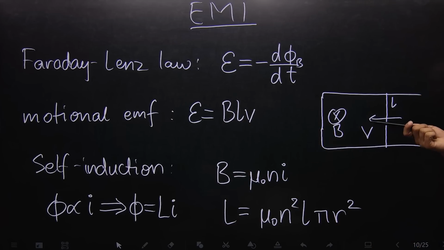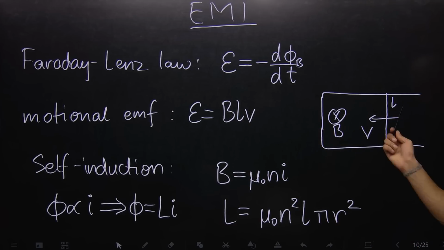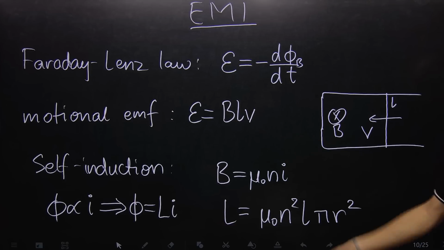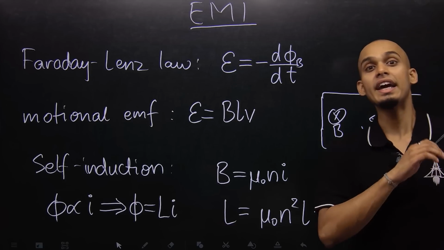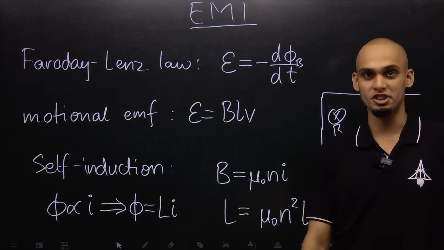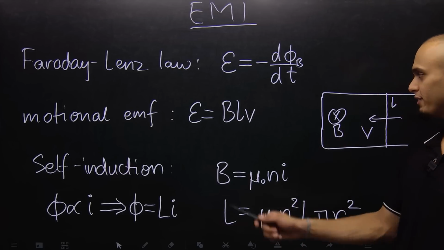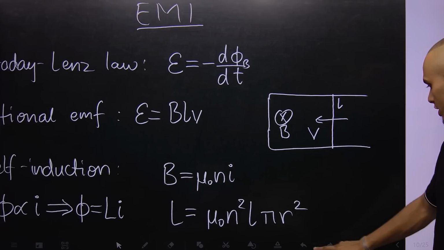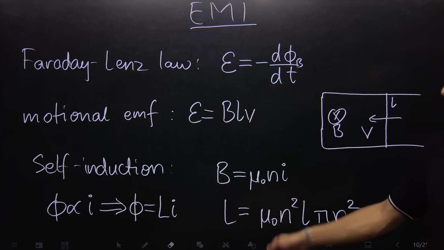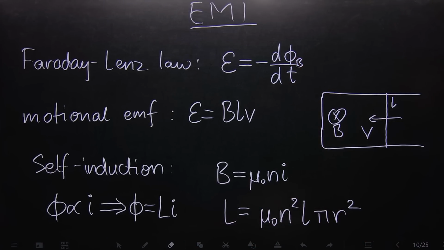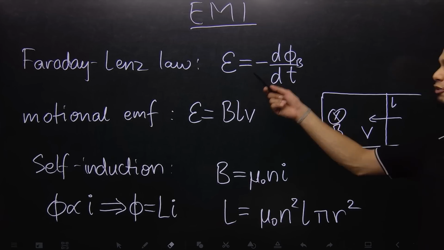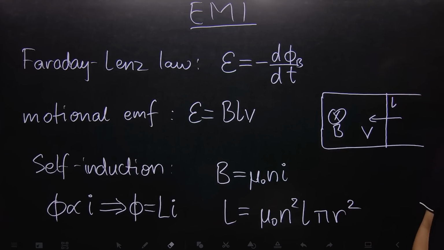If the magnetic flux is changing due to some motion of an object, it is known as motional EMF. And for any kind of situation in which any motion of some form leads to some EMF, the EMF will always get reduced to such a form. EMF always equals B times L times V for motion generating EMF. And using this simple form of Faraday-Lenz law, you can even derive quantities like self-induction.